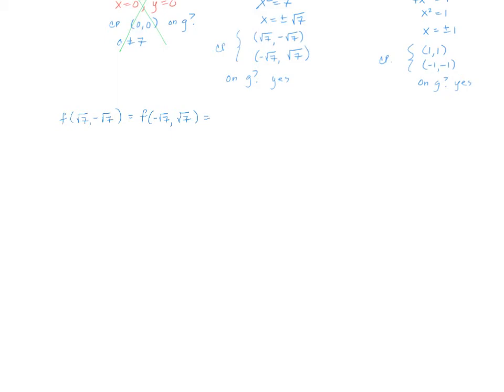And when I plug in those values, I get 14. If I put in the point 1, 1, or the point negative 1, negative 1, they will give me the same value because, again, I'm squaring my x and squaring my y. And when I put those values in, I get 2. So the largest value of 14 would be my max. The smallest value of 2 would be my min.